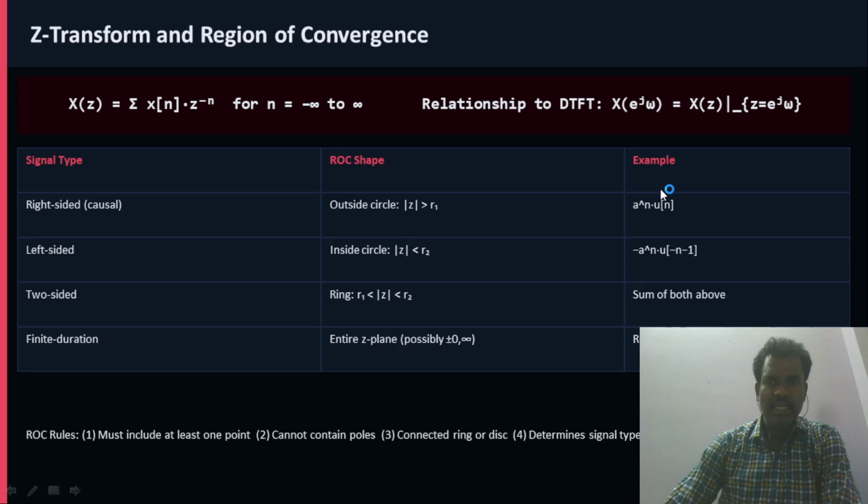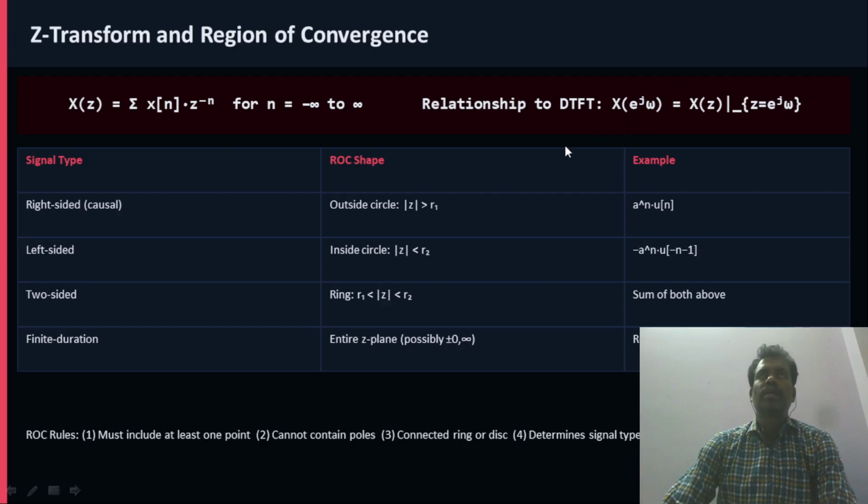But actually, the general formula for z is equal to r into e power j omega. So it is a unit circle. Z is a z plane. In z plane, the regions are divided with circles with different radius. So in r into e power j omega, r indicates the radius of the circle, and omega indicates the angle.